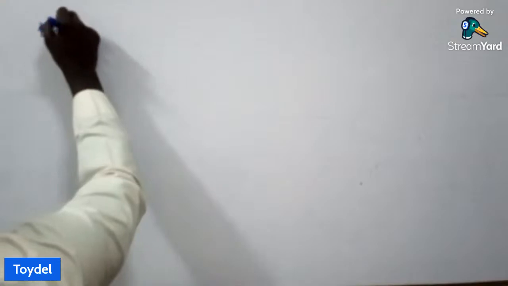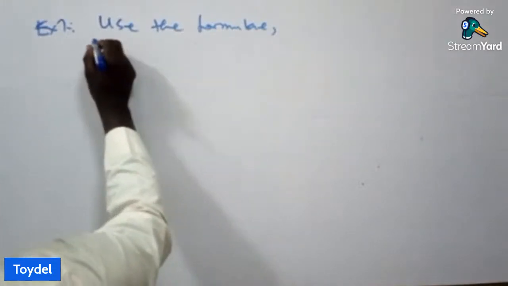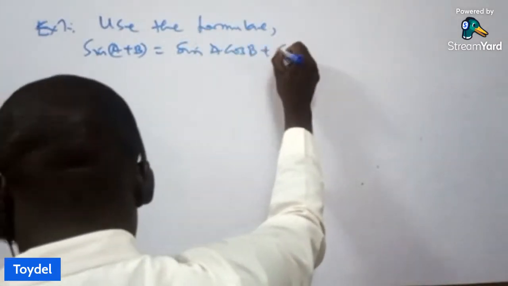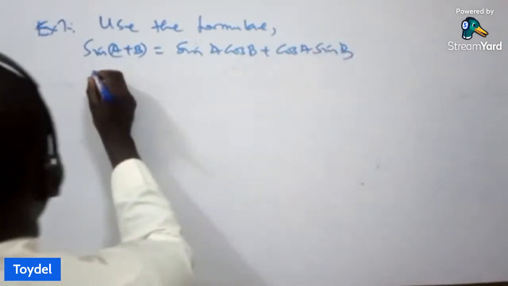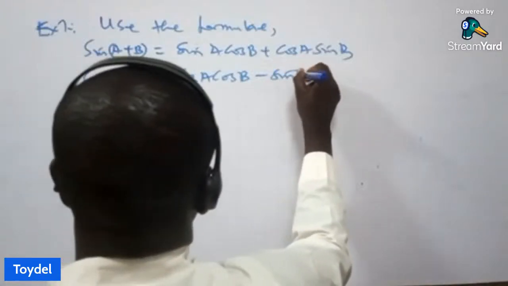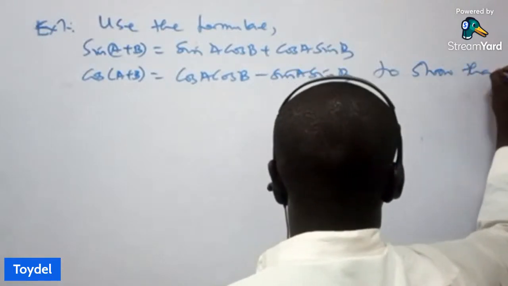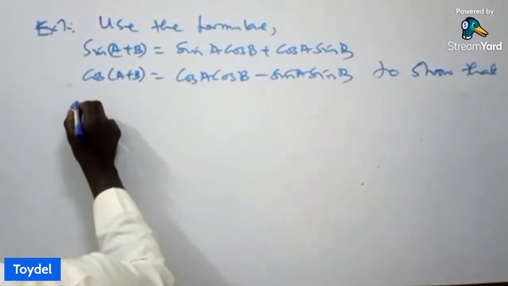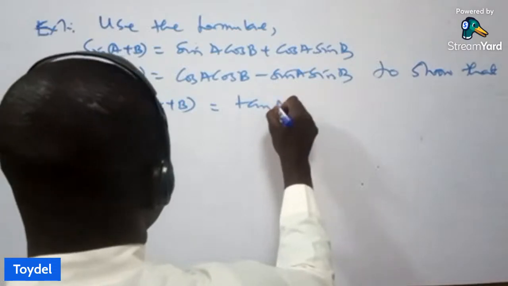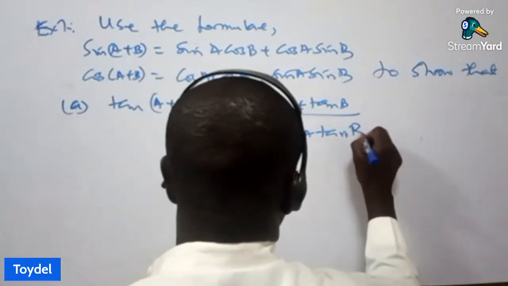Example: use the formula sine of A plus B, which we know to be sine A cos B plus cos A sine B, and cos of A plus B, which is equal to cos A cos B minus sine A sine B. We have to use these formulas to show, the first one, that tan of A plus B is equal to tan A plus tan B all over 1 minus tan A tan B. Of course, we didn't show this.